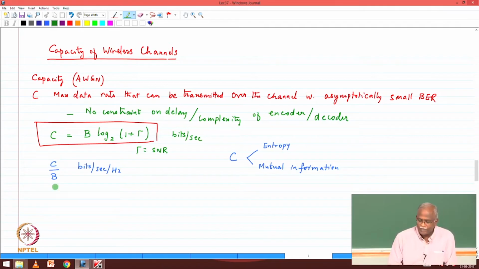If you take C by B, which is a normalized capacity, then the units are bits per second per hertz. Otherwise, it would be in bits per second. Gamma is the SNR, a dimensionless quantity. Okay. So based on this, we had a couple of examples. Maybe just let me mention the first example, example 1, where there were two cases.